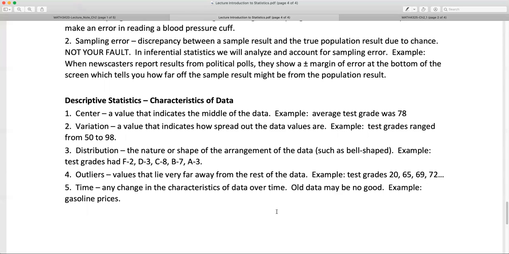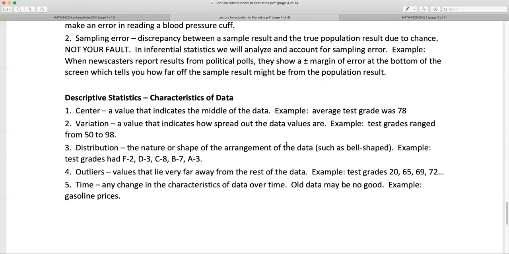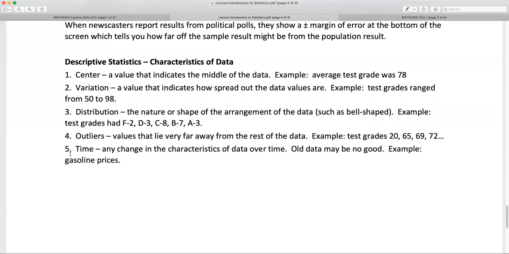The outlier is data that is really far away from the center or the middle. And time is any change in the characteristics of data over time. Okay, so all data may be no good. We're going to talk about this one in detail in a later chapter, chapter two.